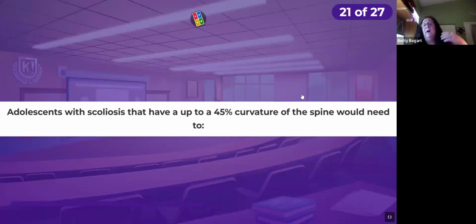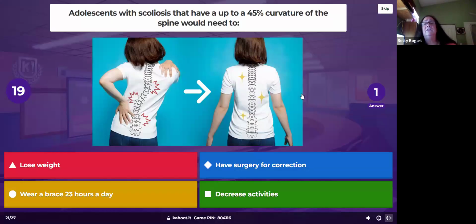Adolescents with scoliosis that have up to a 45% curve of the spine would need to do what? So up to that point, what's the treatment?